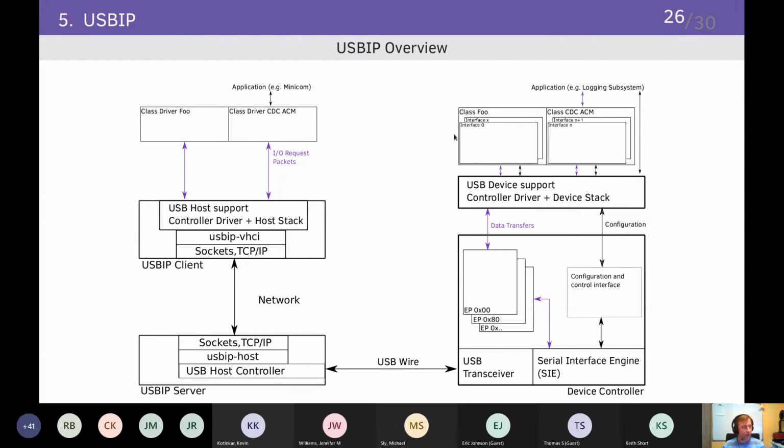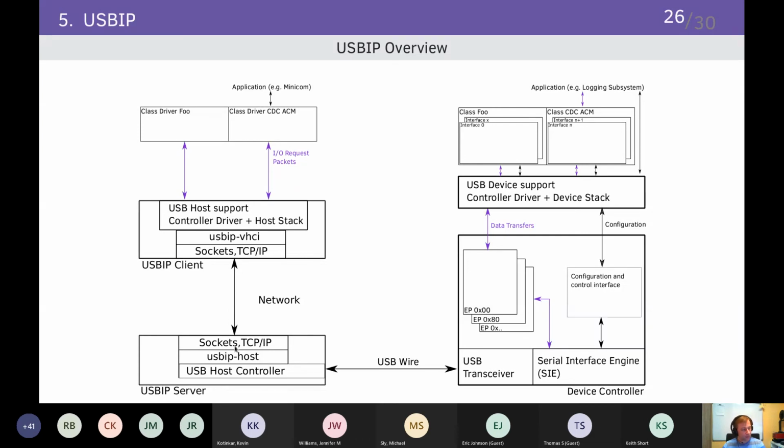So, the USB IP overview. That is the same picture as at the beginning of the presentation. On the right is the device controller with the USB device stack and controller driver. That could be, for example, a keyboard or a storage device, connected to what is the USB IP server.